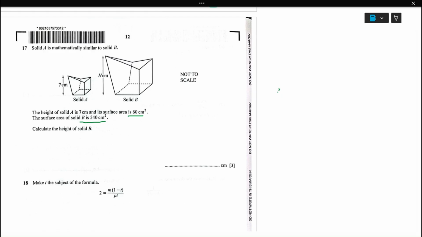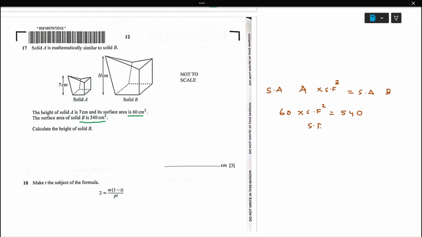So the surface area of solid A times the scale factor squared, always area is scale factor squared, equal to the surface area of solid B. So 60 times scale factor squared equal to 540.